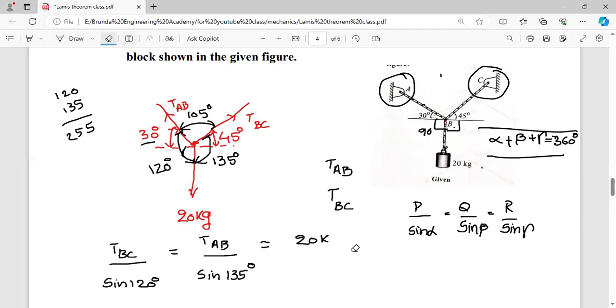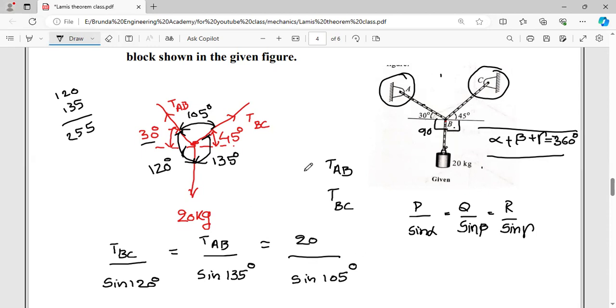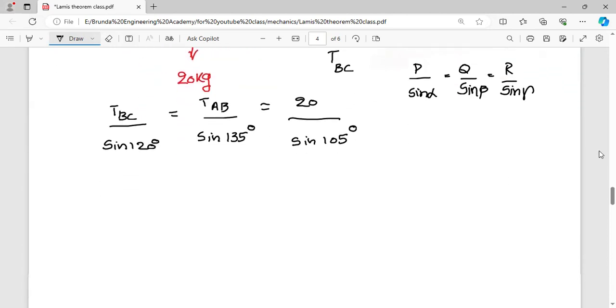So here 20 kg by sine of angle between other two forces. Other two forces are TAB and TBC. What is the angle? That is 105 degrees. So then we can find out easily.